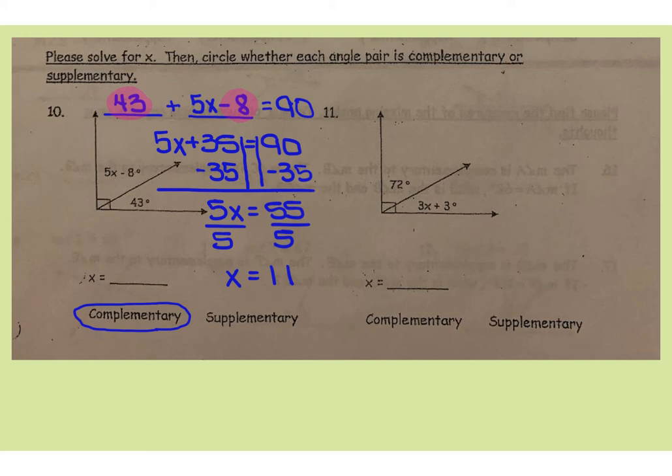All right. You think you can do number 11 on your own? Give it a try. I'm going to give you a minute on that one. All right. Let's take a look at number 11. How did you set up the equation, Marley? 3x plus 75 equals 90. Where did you get the 75 from? Good. The 72 plus 3. All right. And we go to solve it.